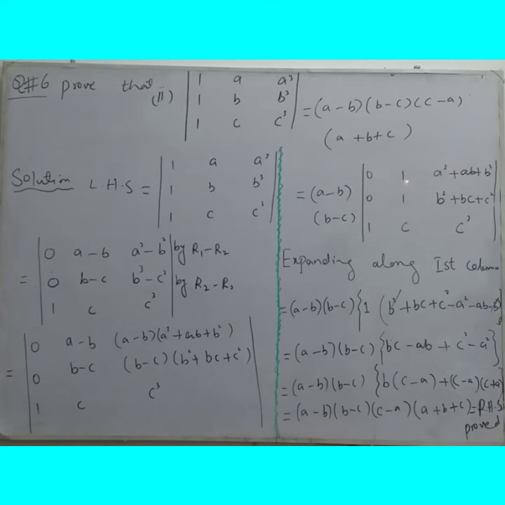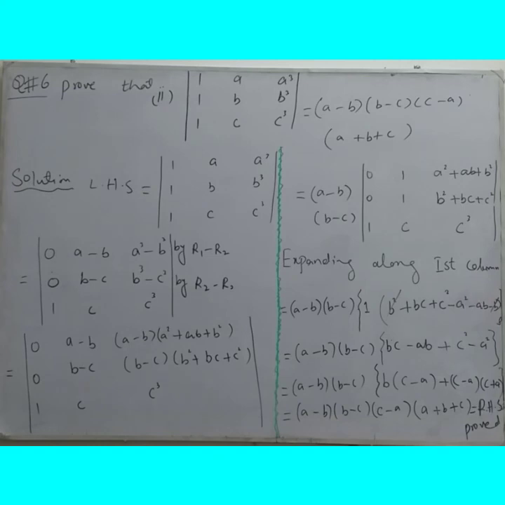So the determinant of these 4 terms is 1 into b square plus bc plus c square, minus a square plus ab plus b square into 1, and this minus sign applied on these 3 terms gives minus a square minus ab minus b square.